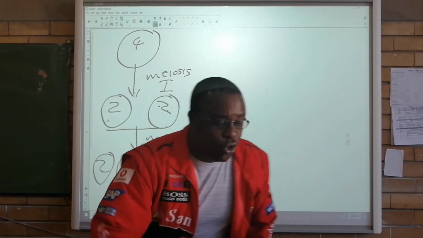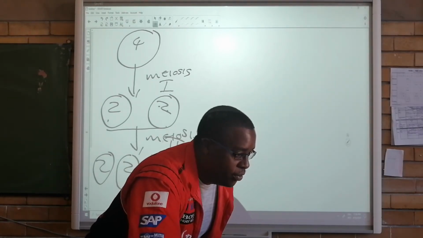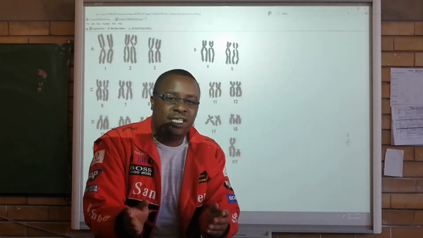I want us to look at a karyotype and pretend that it is that of a pea plant. Where is my karyotype? There we go. I said let's just pretend.